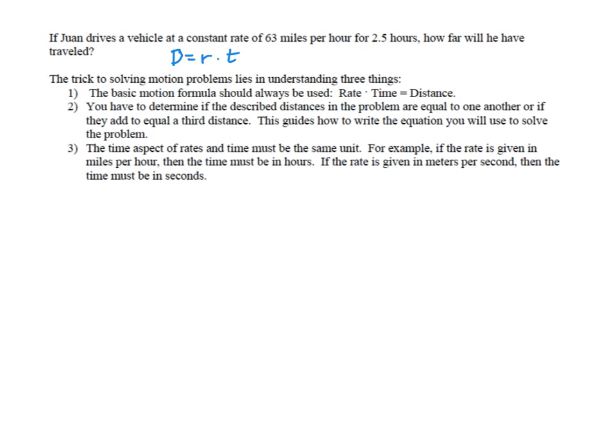Distance equals rate times time. And the rate here is 63, and the time is 2.5. And then you multiply those two, you get 157.5. And the units are important here. How far did Juan go? He went 157.5 miles.